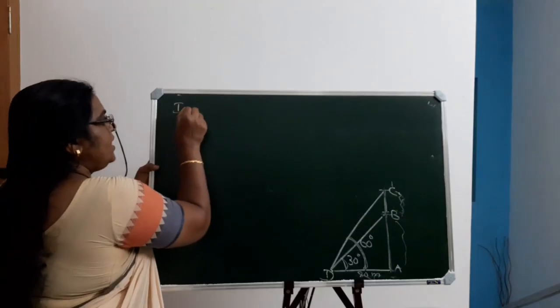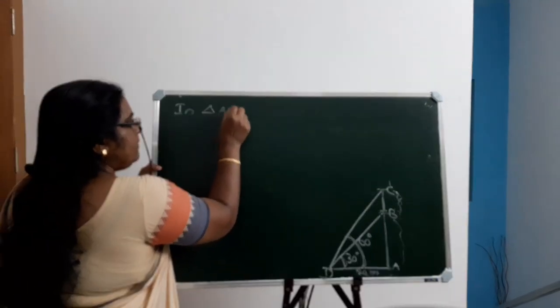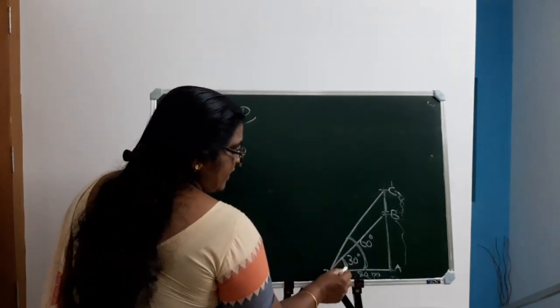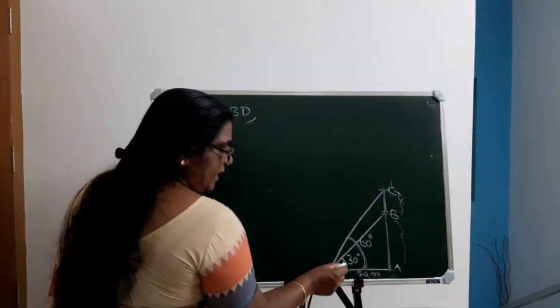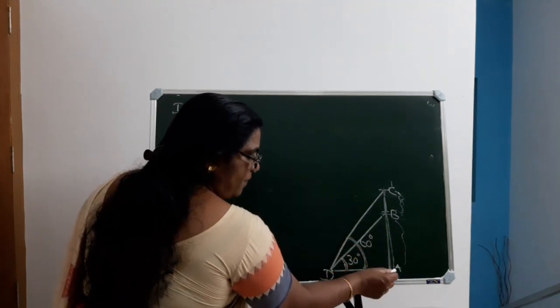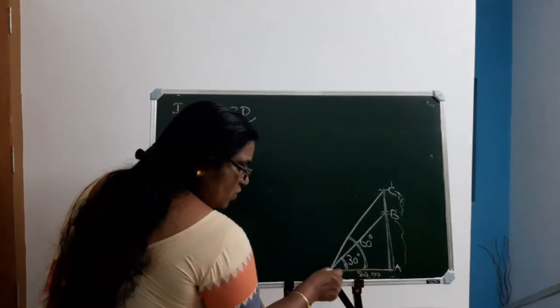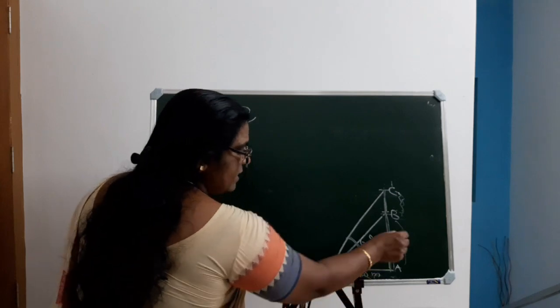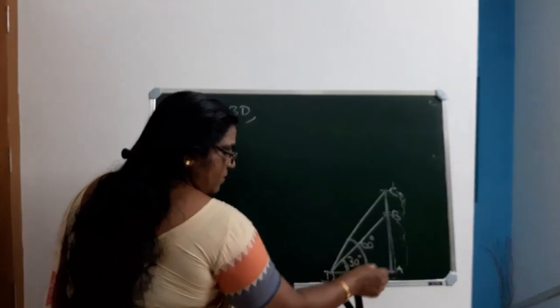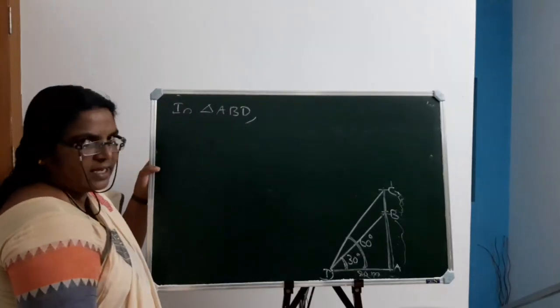Here the angle of elevation is 30 degrees, and with respect to 30 degrees, its opposite side we want to find. The opposite side and the base are given. Base and perpendicular: the ratio between these two sides is tan.